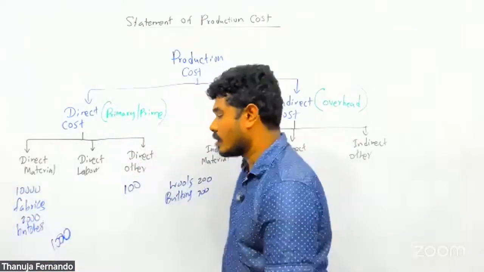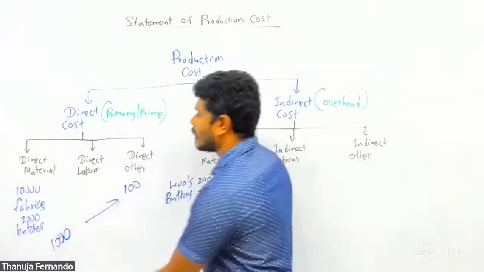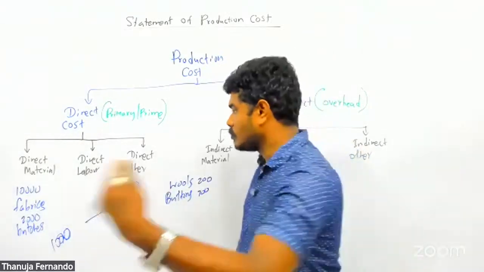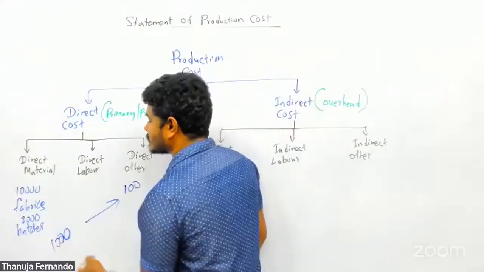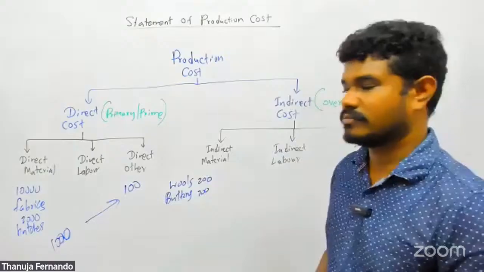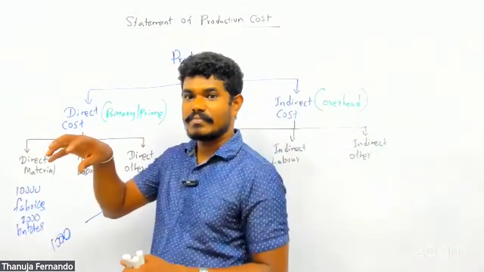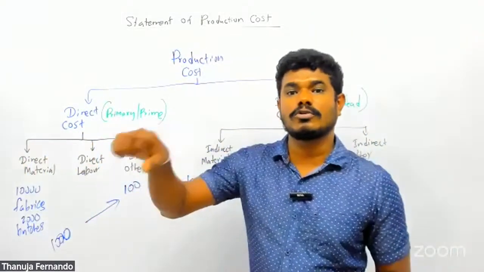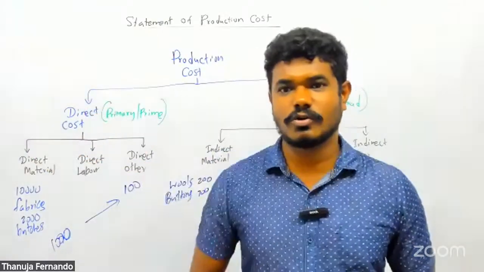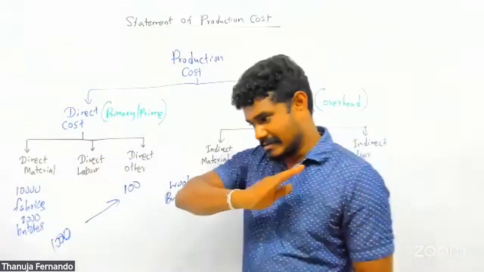And you are saying, I need 100 for my charges as my royalty. Then they have to directly add another 100 as your charges for the book. Why? Because it is directly affecting the cost of the book. For each and every book, they have to pay 100 to you. So it is a direct cost. Directly, we can estimate.